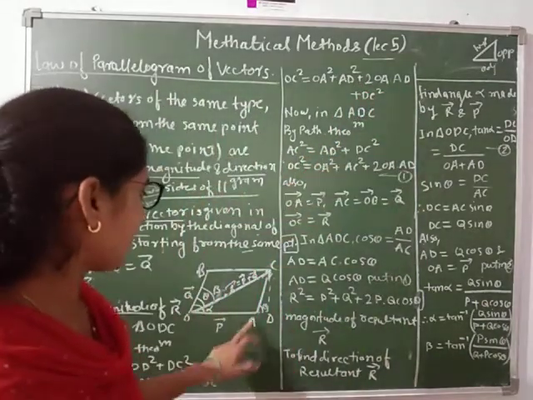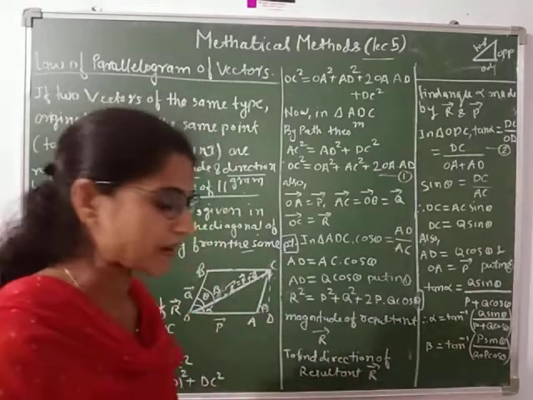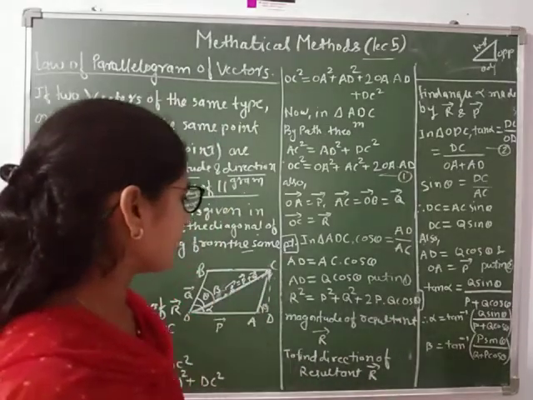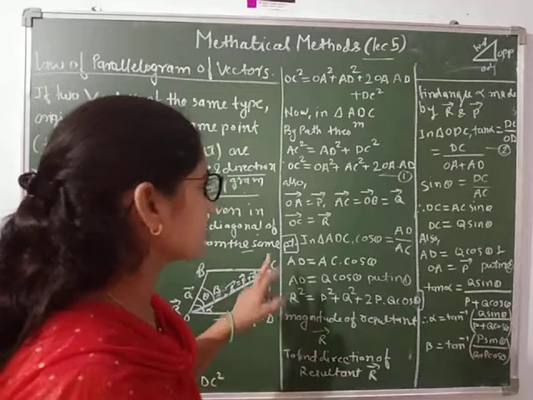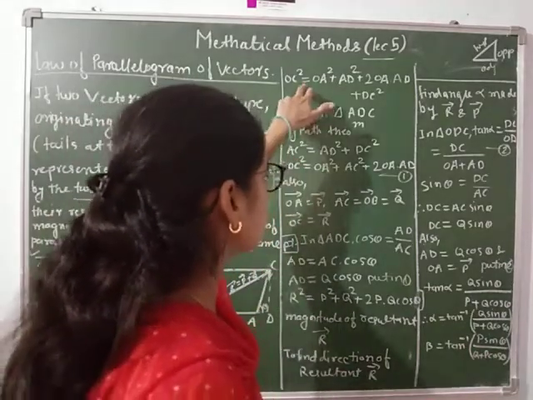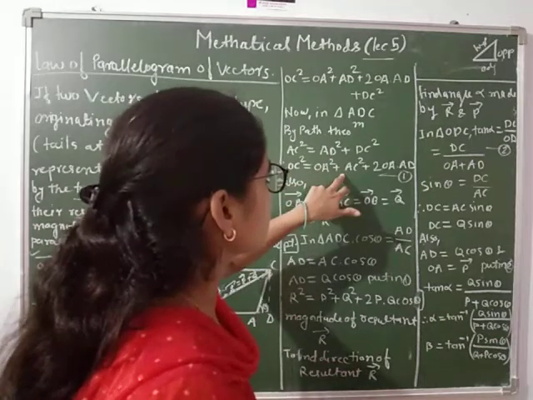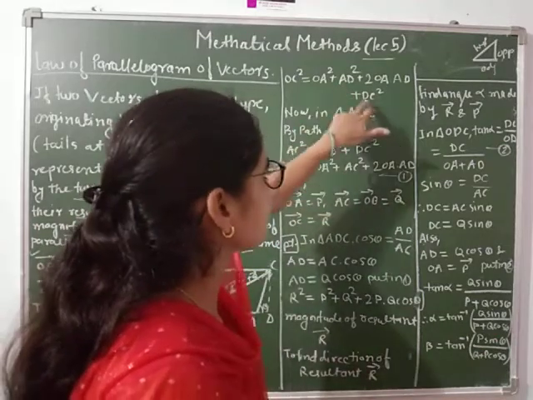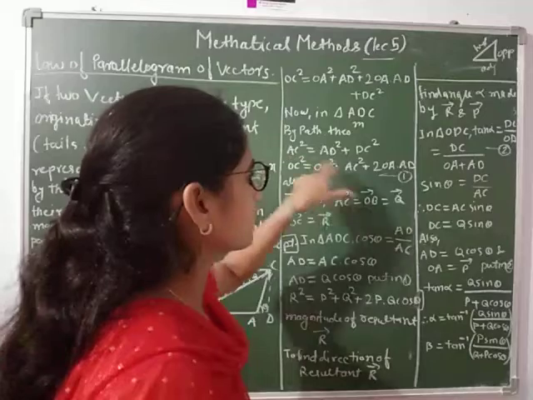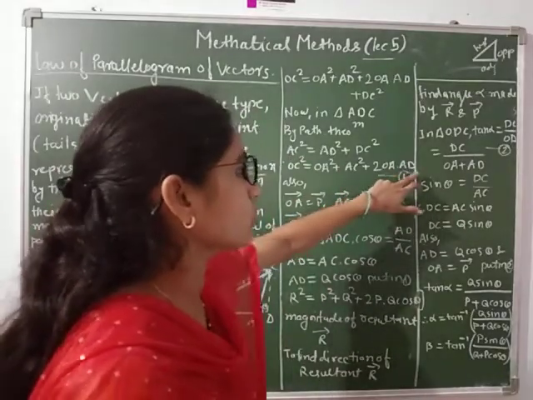Now in right angle triangle ADC, by the theorem of Pythagoras, AC square is equal to AD square plus DC square. Putting this value of AC square into this equation, we get OC square is equal to OA square plus AC square plus 2 OA into AD.